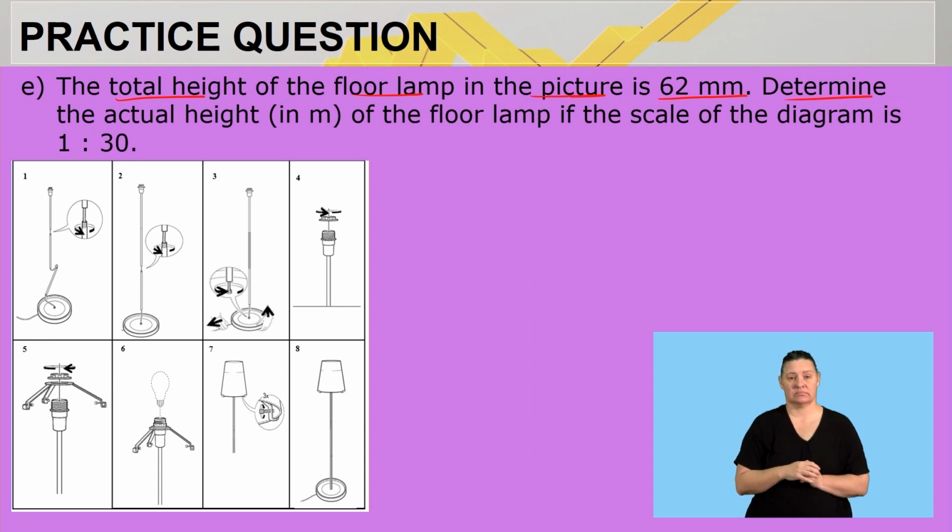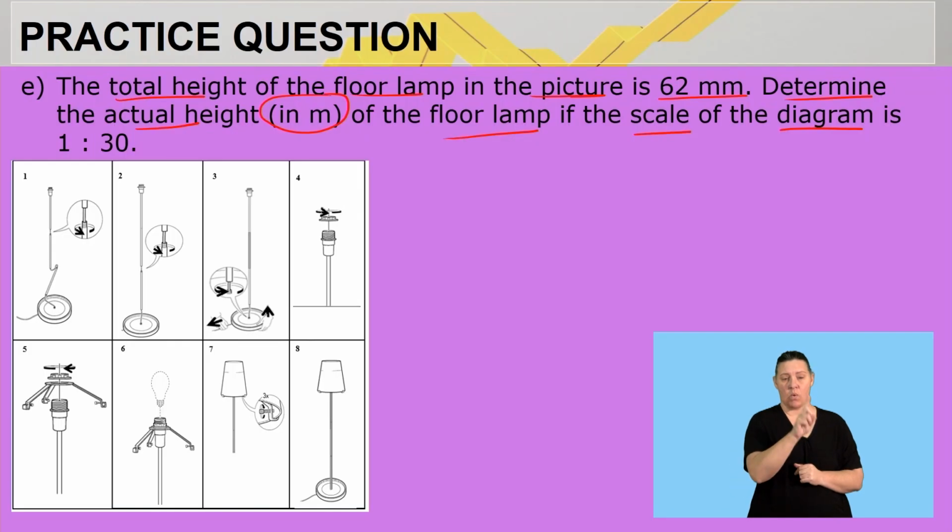Determine the actual height in meters, so the height of it in real life, of the floor lamp if the scale of the diagram is 1:30. What does the scale actually mean? It simply means that 1 unit on this diagram represents 30 units in reality.